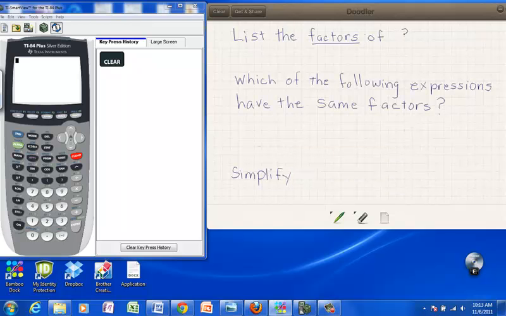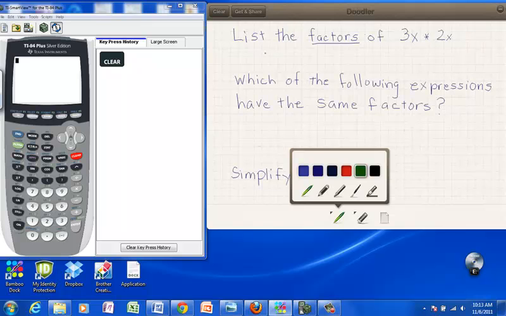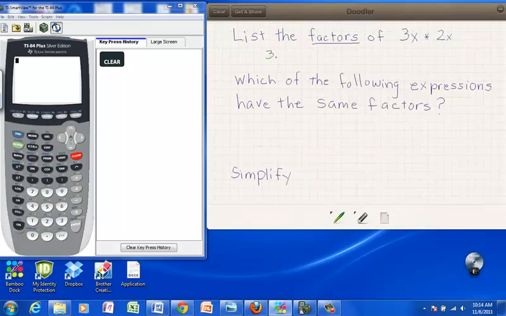So we have 3x times 2x. And again, what I want you to do first is list the factors of that expression. You should have 4 factors. 3 is a factor. X is a factor, 2 is a factor, and then we have another x as a factor. So even though it's the same letter, you do want to list it twice because we see 2 x's in that expression up there.